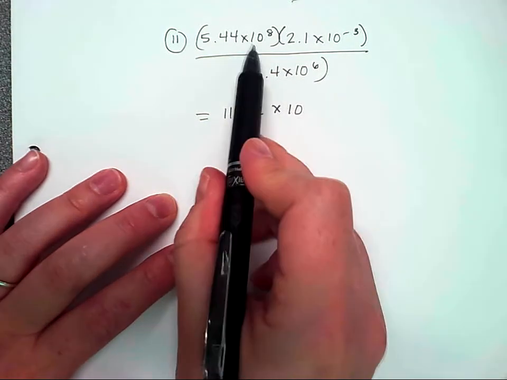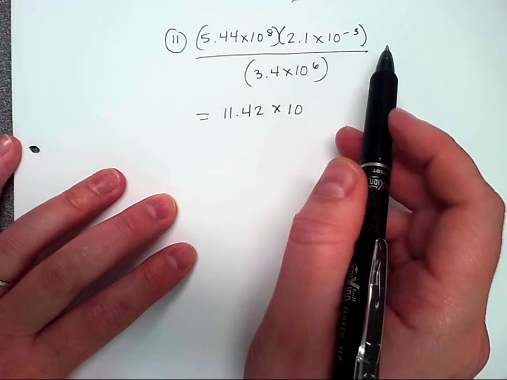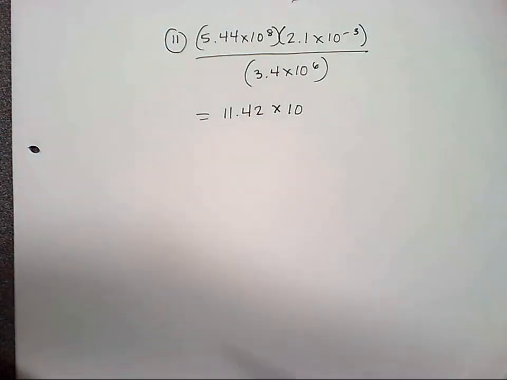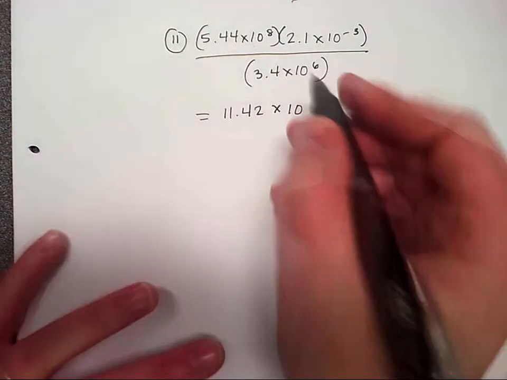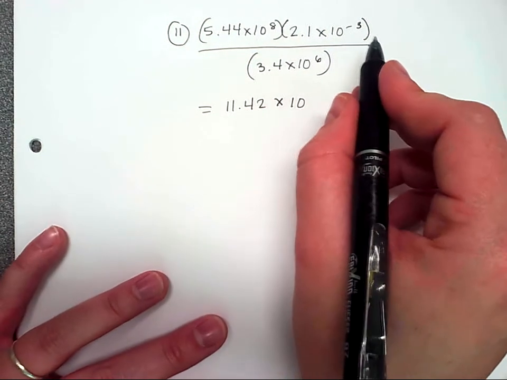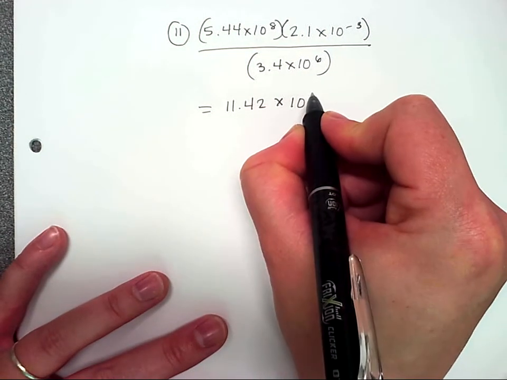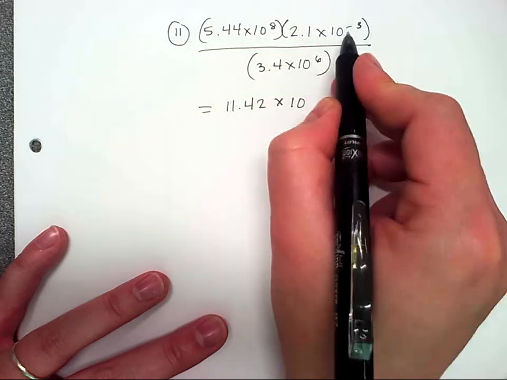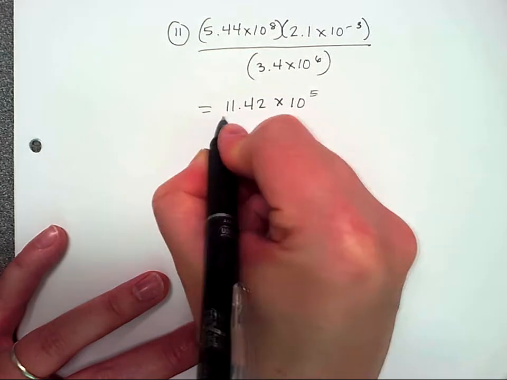Thank you, Austin. Times 10. So I have 10 to the 8th and 10 to the negative 3rd. So I'm multiplying those. Rules of exponents say I need to add them, right? So this is a 10 to the what power? Fifth. 8 minus 3 is 5.